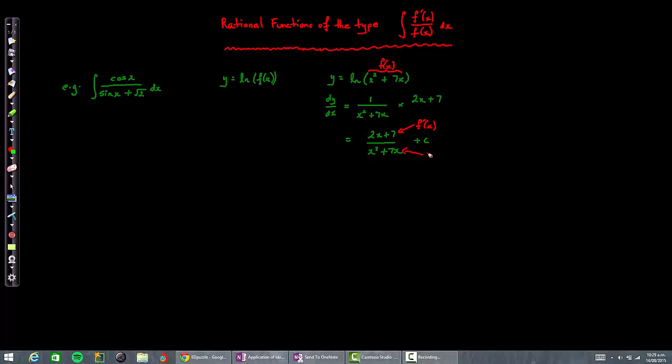And here was that original f of x part, the part that goes with the natural log. So what we've effectively got here is f dash x over f x. So I think it stands to reason then that if you are going to integrate this kind of situation where you've got a function of x and its derivative on top, it's going to take us back to this kind of situation.